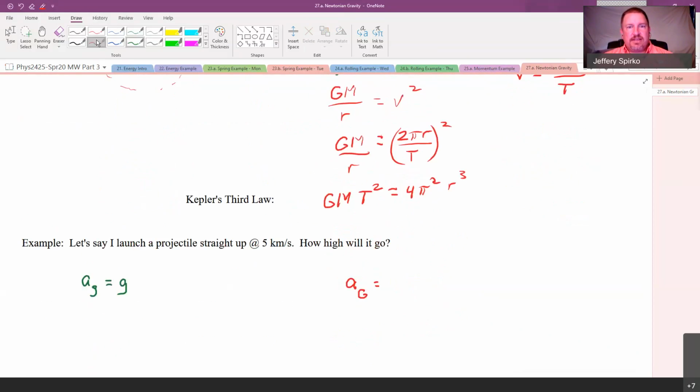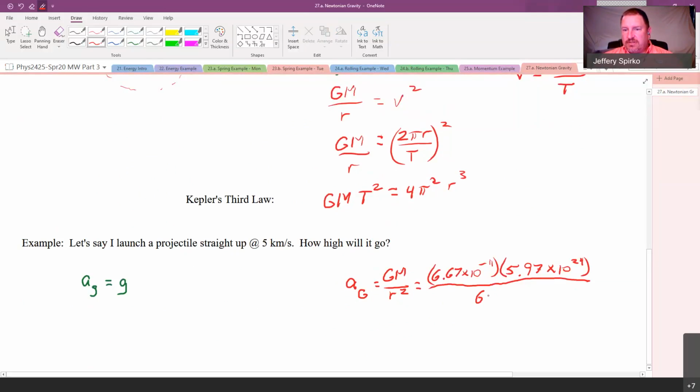So let's calculate that. GM over r squared is 6.67 times 10 to the minus 11th times 5.97 times 10 to the 24th divided by, and I don't know if you knew this, but you can do 6371 times 10 to the third. You can account for the kilometers by just putting a times 10 to the third in there, and then the radius has to be squared.